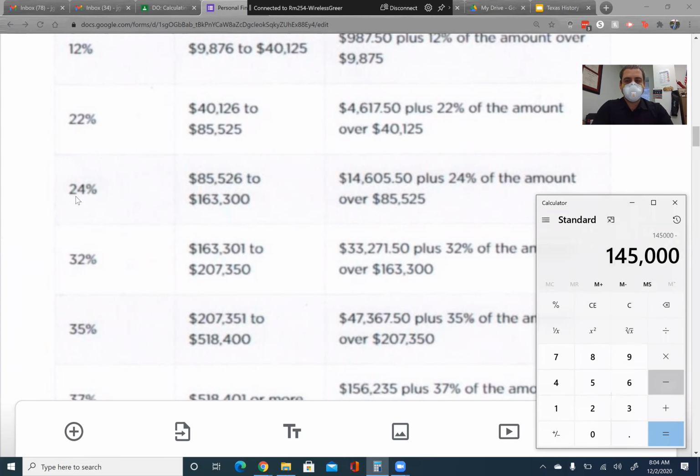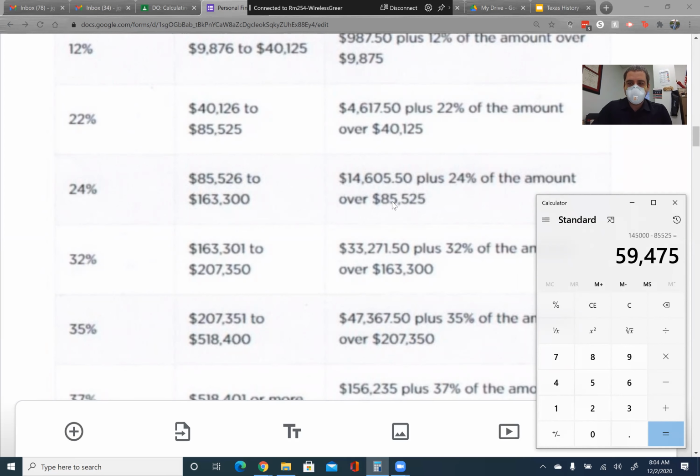Next, you subtract that value from 85,525. You got that number by looking over here because it's saying take 24% of the amount over 85,525. We find out the amount over 85,525 by subtracting that amount from our income.